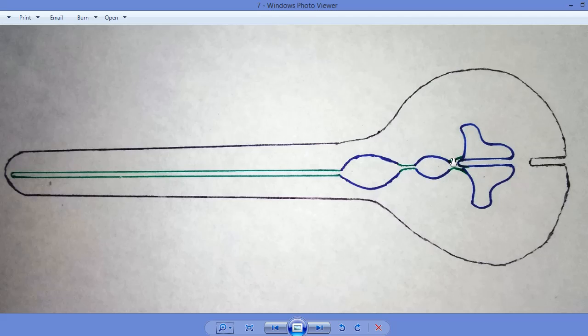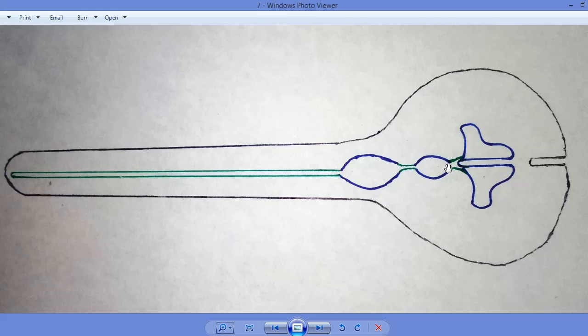The lateral ventricles are connected with the third ventricle with the help of a pathway. This is the channel or pathway which connects the ventricles. I have made this pathway in the green color. This green pathway connects the right ventricle with the third ventricle and the left ventricle with the third ventricle.